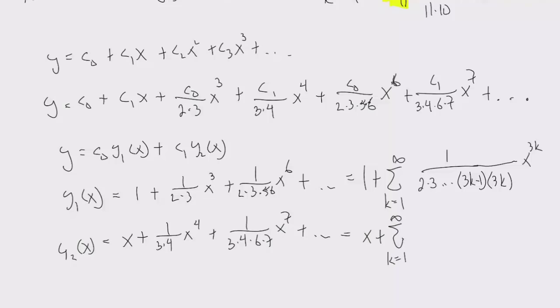K equals 1 to infinity of 1 over, let's see, 3 times 4 dot dot dot, that would be 3k times 3k plus 1 x to the 3k plus 1.